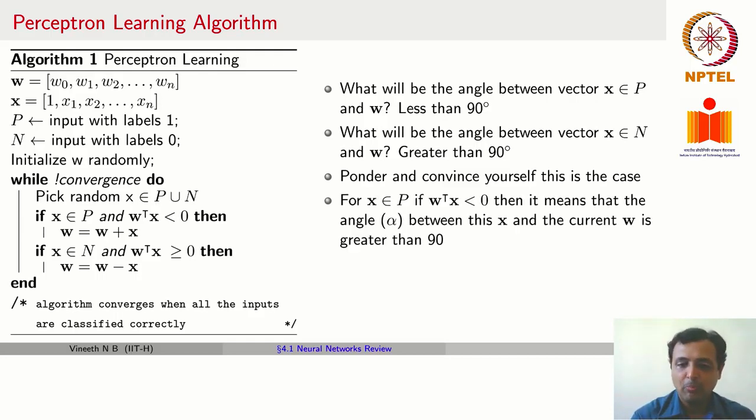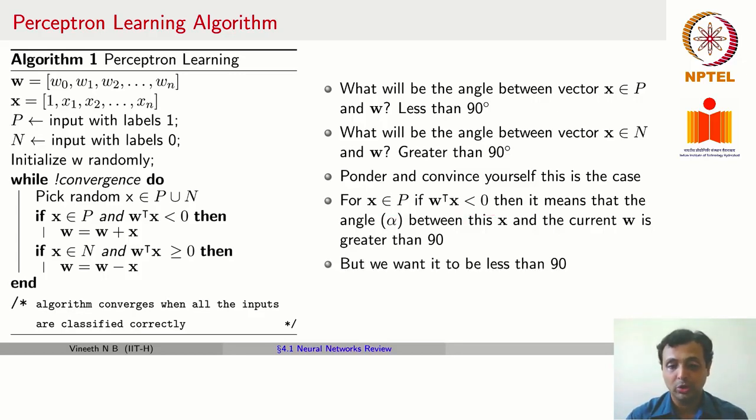Now, if you have a point x belonging to P for which w transpose x becomes less than 0, it means that the angle alpha between this x and the current w is greater than 90 degrees, which you do not want. You want to change w to ensure this doesn't happen. So what do we do?